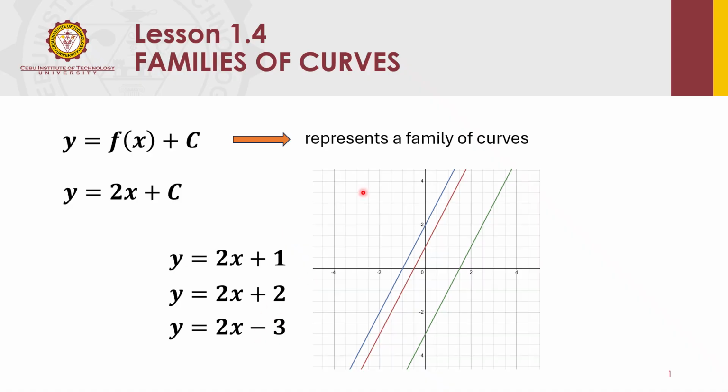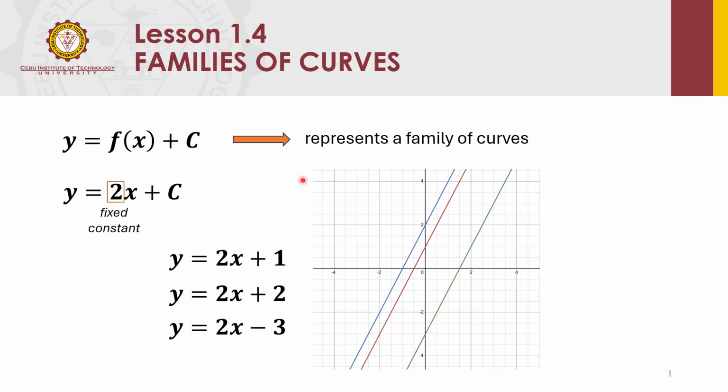So we're going to graph these three equations. So we have these lines. The first one is passing through the y-axis at y equals 2, so this is the one with 2 as the y-intercept. The red one has 1 for its y-intercept, and the green one has a y-intercept of negative 3.